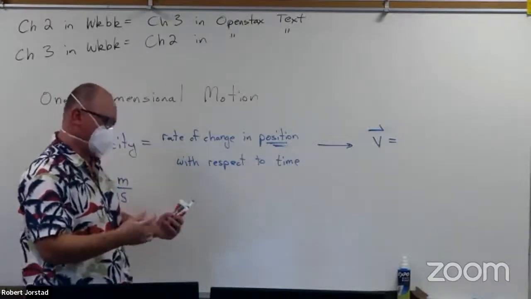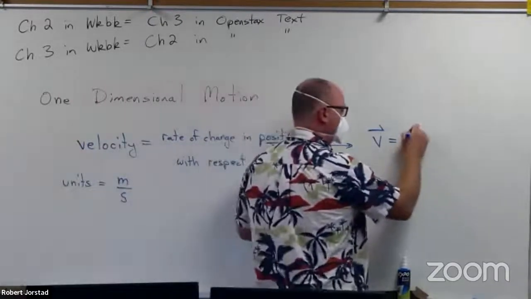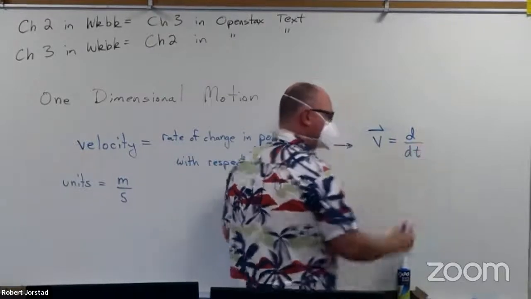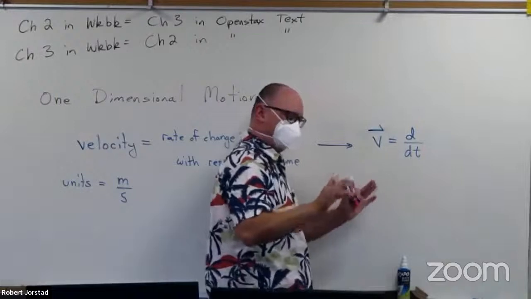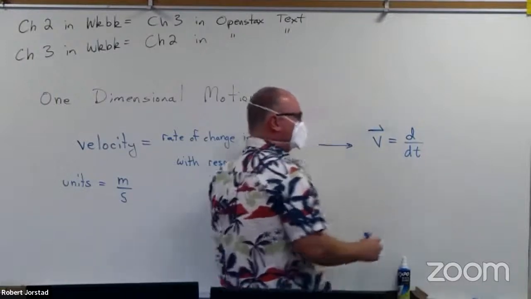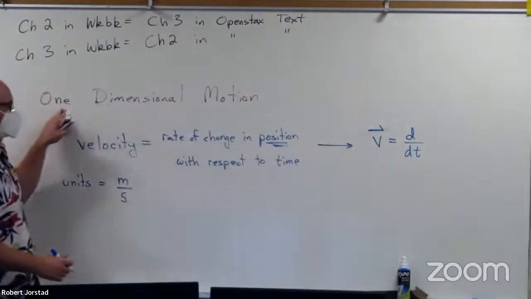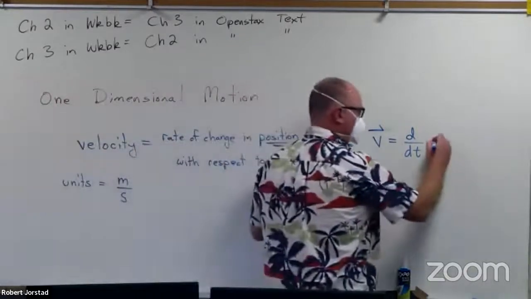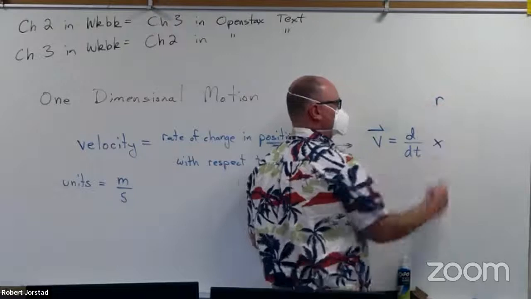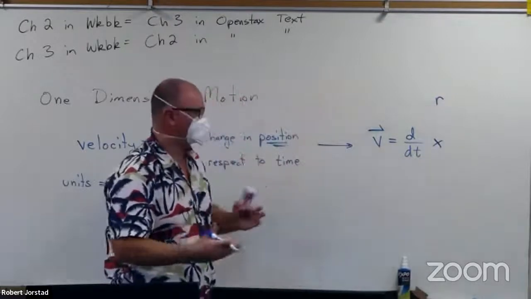So with respect to time, it would be d/dt of. Now, different books use different symbols. Because we're going to be doing one-dimensional motion, I might start with the symbol x. Some people use the symbol r. Either one of these.